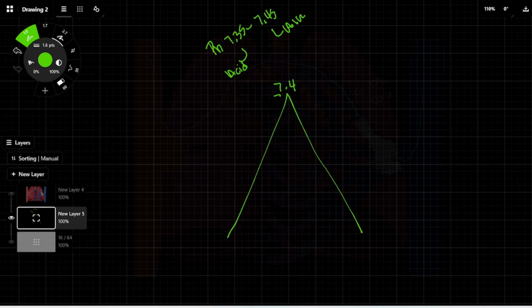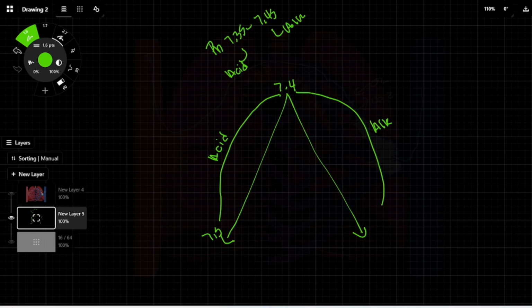Now this side of the pyramid, we're going to dedicate to acid, which would make this side of the pyramid alkalytic. And these lines continue on conceptually, but we have to put a stop to them somewhere. So on the acid side down here, we're going to put 7.35, and on the alkaline side, we're going to put 7.45.